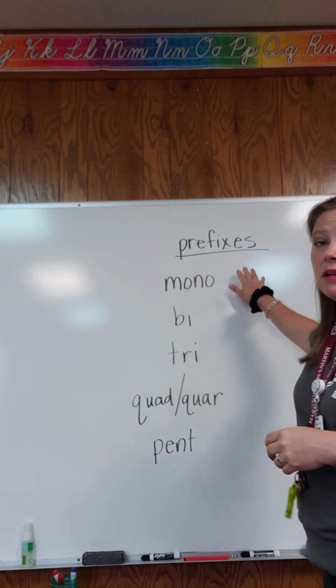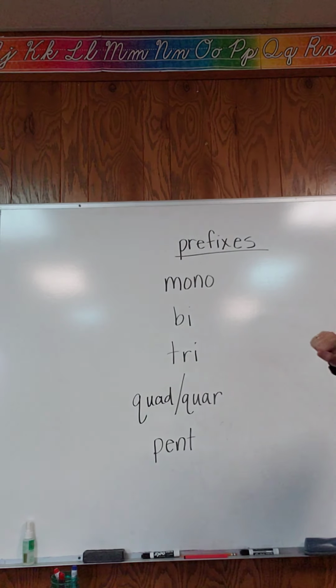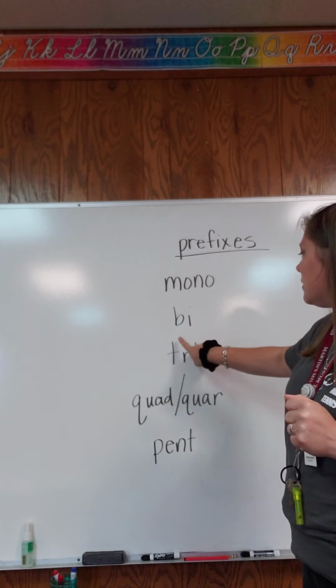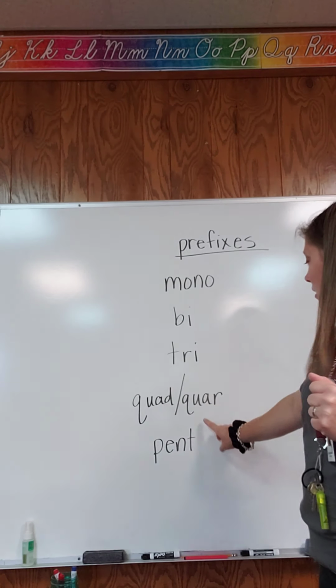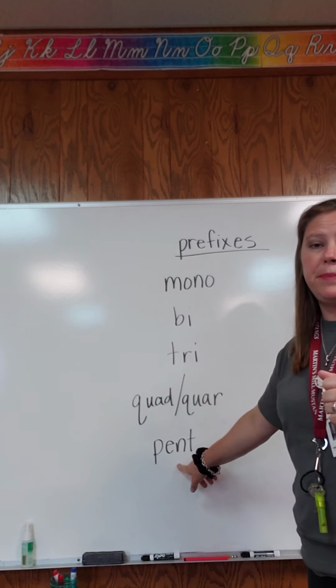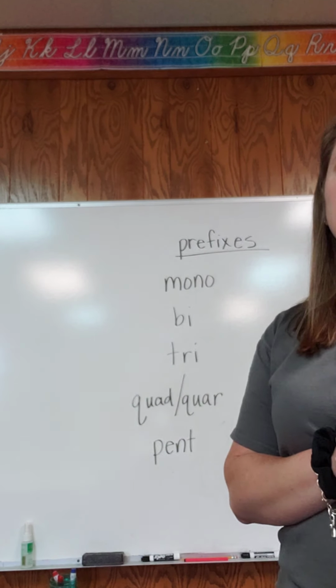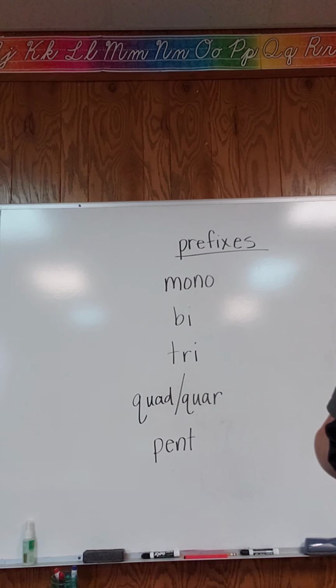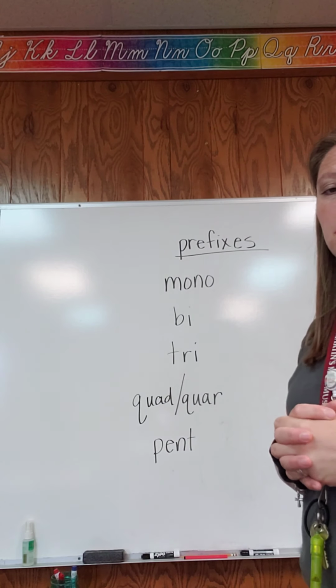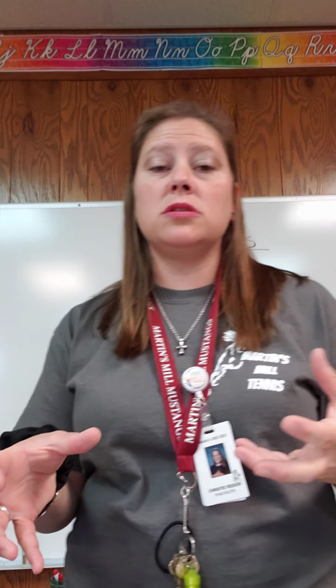And so we're going to cover those today. All right, so let's take a look at some of these prefixes. We have mono, bi, tri, quad or quar, and pent. Right off the bat, some of those may sound familiar to you, and you might be thinking, oh, those prefixes are used specifically for something.